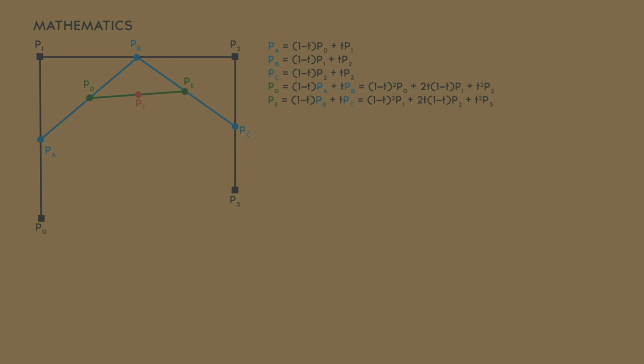And the resulting code for that is, after working it all out, (1 minus t) cubed times p0, plus 3t times (1 minus t) squared times p1, plus 3t squared times (1 minus t) times p2, plus t cubed times p3.